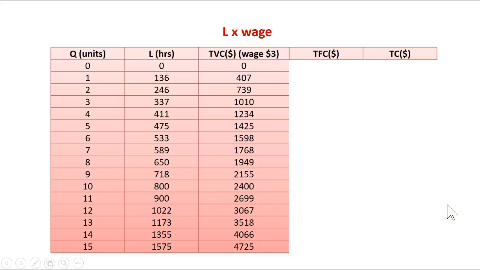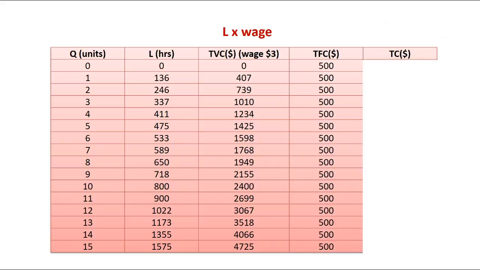What about the total fixed costs? Well, we know that that's fixed, so that's pretty easy, and we're going to fix that at, say, $500. So at every output level, it's still $500, which is paid from the very start.